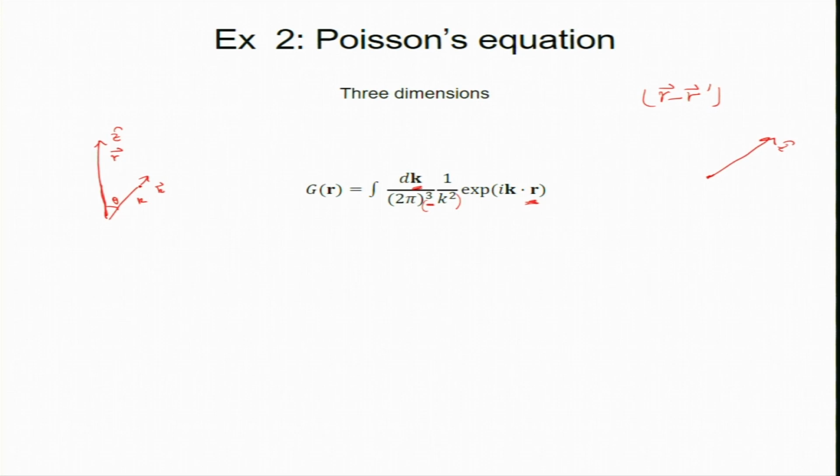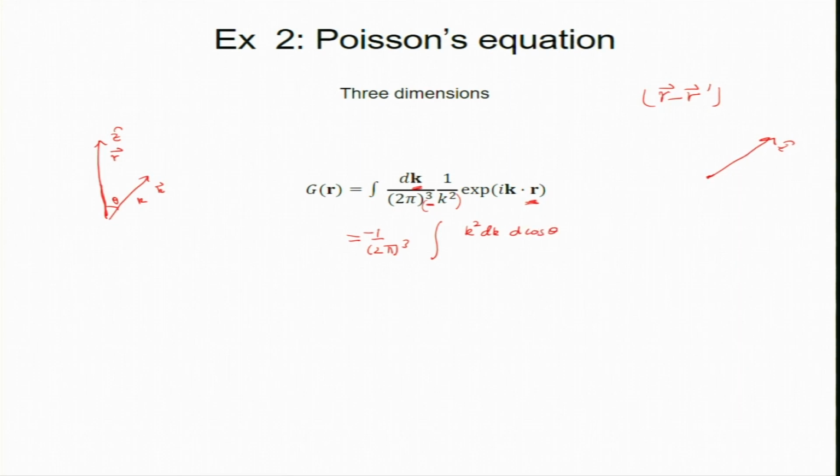In fact, not on a single sphere, k goes from 0 to infinity, the magnitude of k. So 1 by 2 pi cubed, the minus sign I keep outside, and the integral. Now d cubed k is k squared dk d cos theta d phi.